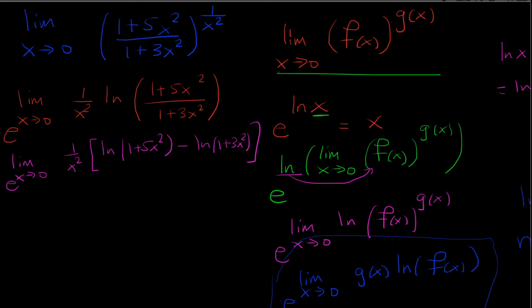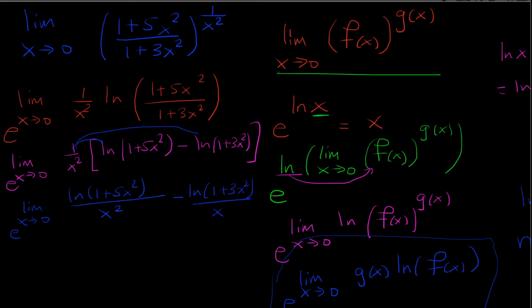Okay, so this 1 over x squared is going to distribute to both natural log pieces. So it'll be ln of 1 plus 5x squared over x squared minus ln of 1 plus 3x squared over x squared.